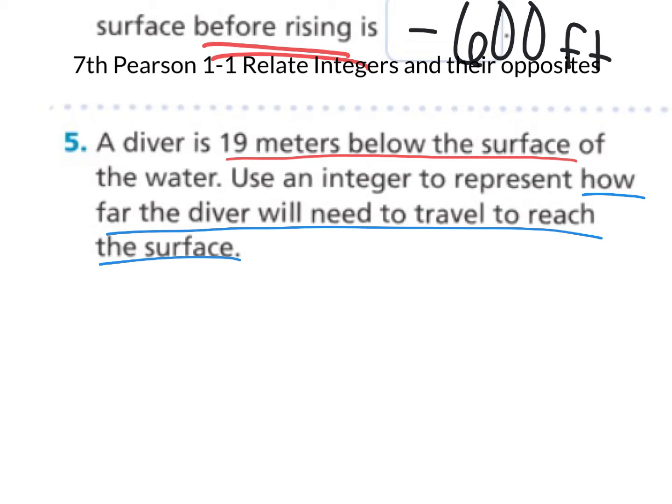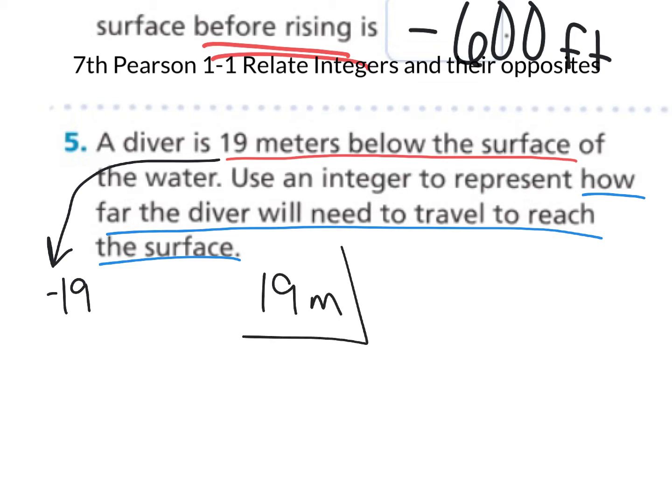They're trying to get to the surface. The question is, what are they going to have to do? So if they're 19 meters below the surface to start with, they're starting out at -19 meters. So to get to the surface, they're going to have to go up 19 meters, and we'll call that a positive 19 meters then.